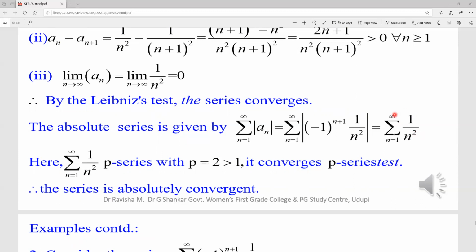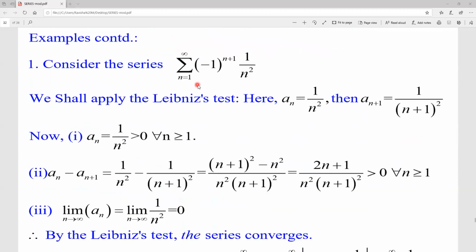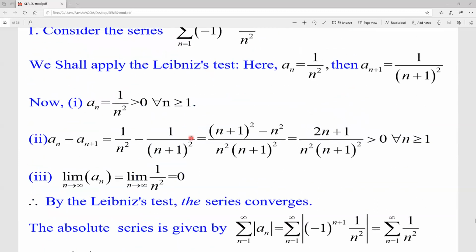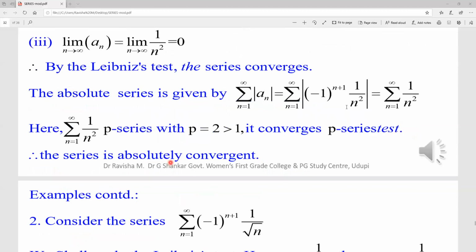Therefore, the absolute series is convergent by using the p series test. So the given alternating series is absolutely convergent. Why? Because the alternating series is convergent by the Leibniz test, and the absolute series is convergent by the p series test.